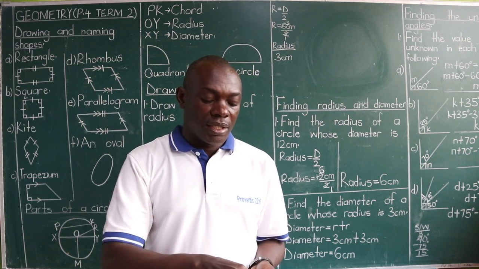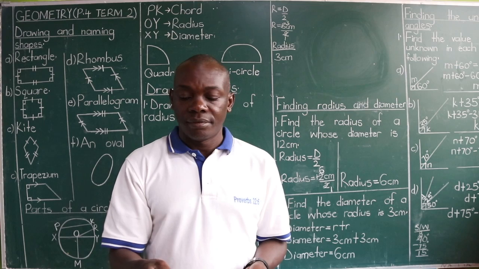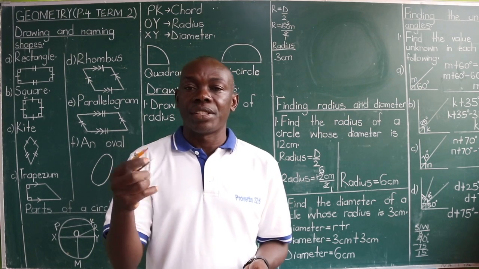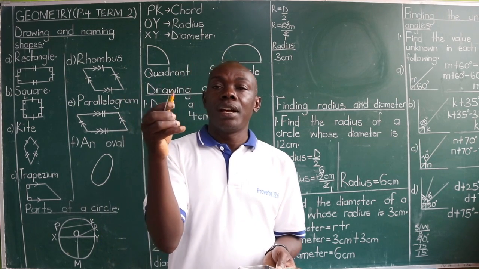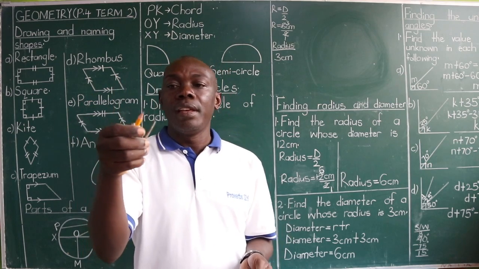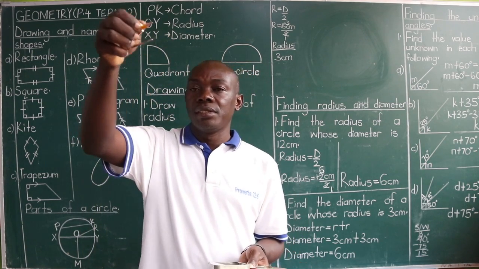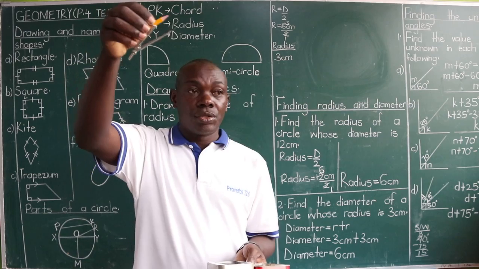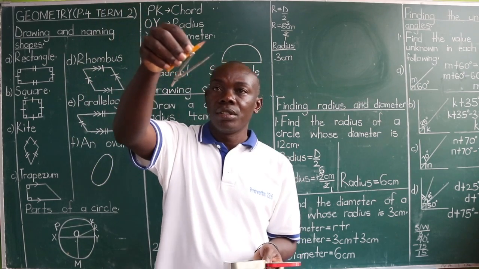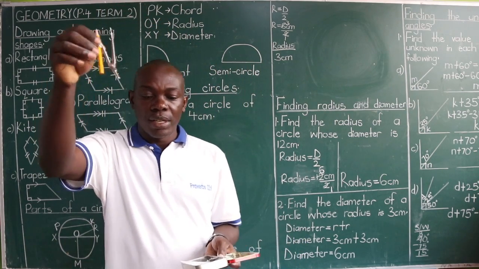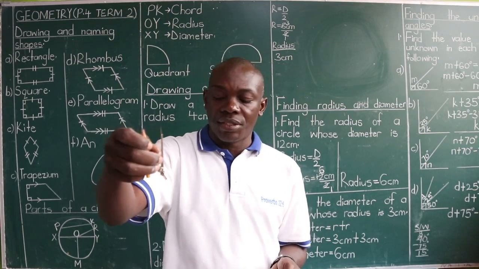It has what is called a pair of compasses, within which we fix the pencil in case you are asked to construct any angle. So this is what's called a pair of compasses.